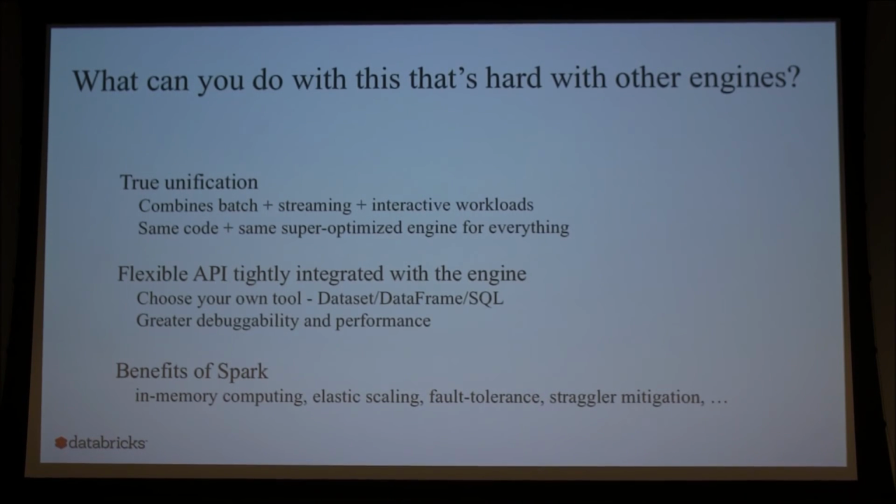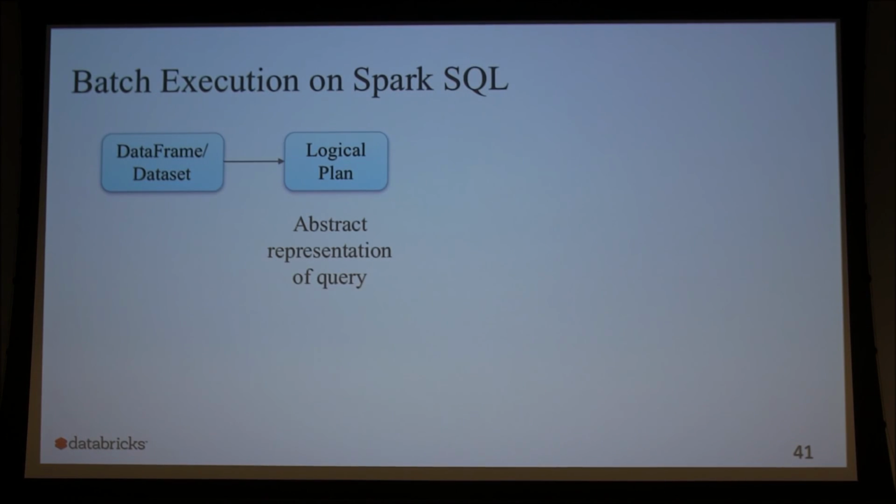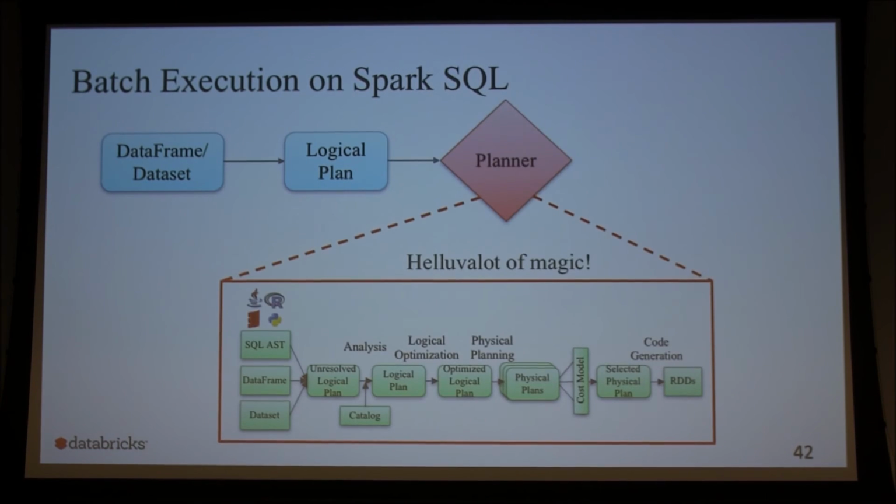We've also improved how easy it is to debug, as you can actually go in and see the performance of the stream and kind of watch the stream. And then of course, we've got the in-memory computing and the elastic scalability that's possible with Spark, where you can scale up and scale down your structured streaming.